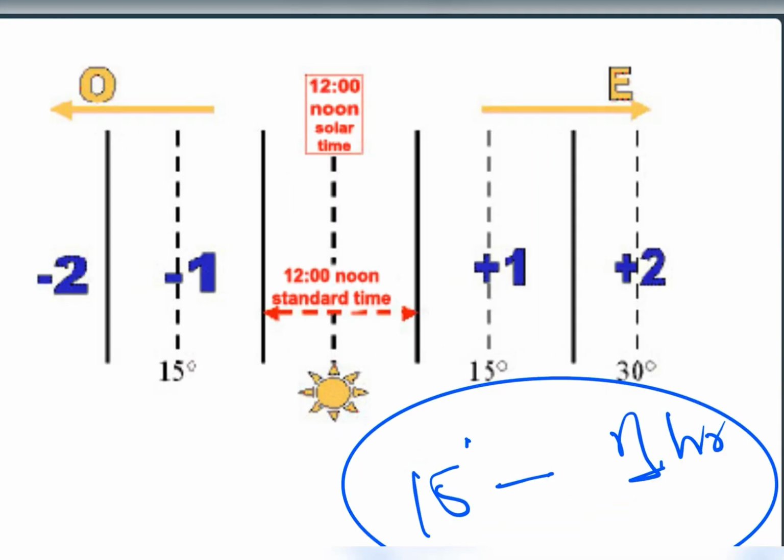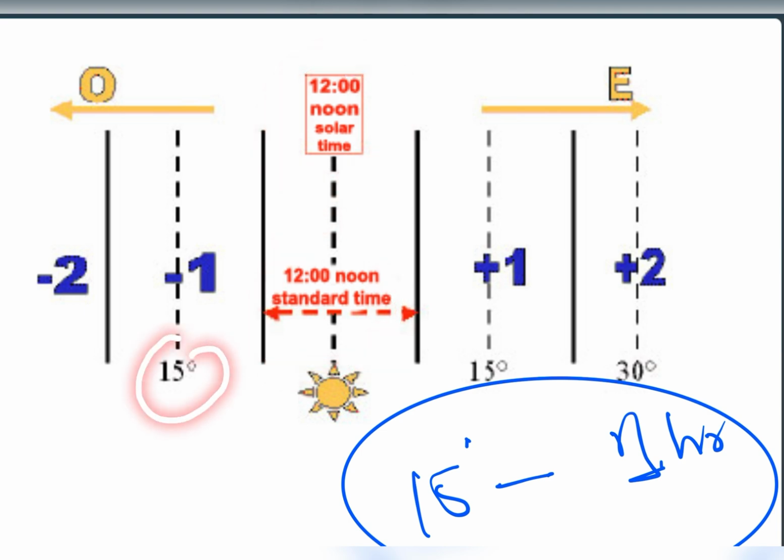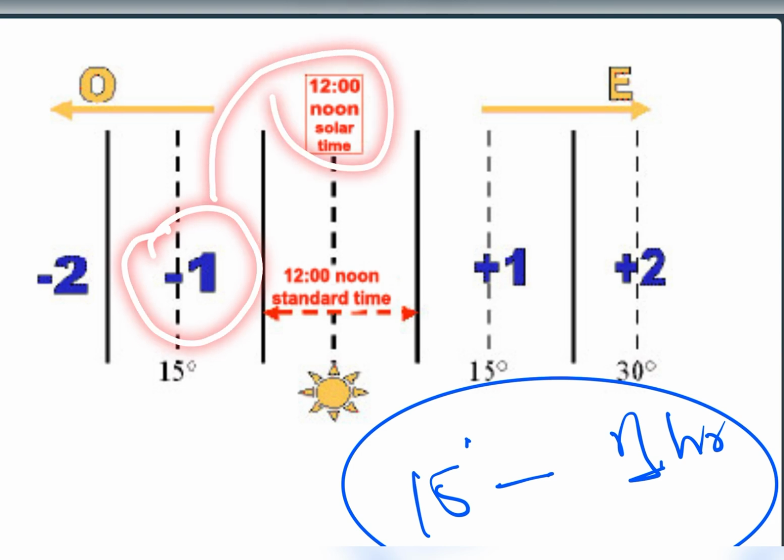If we move westward from the prime meridian, there will be a decrease in the time. Suppose it is noon at the prime meridian. At 15 degree west longitude, there will be 1 hour less than this time.